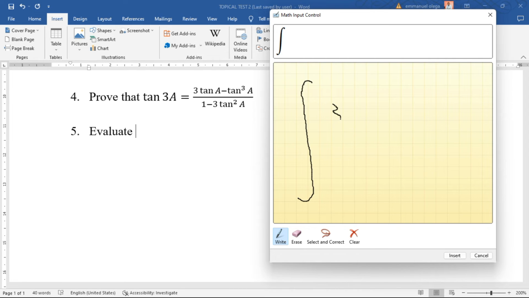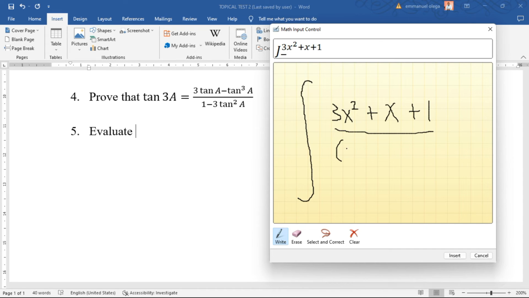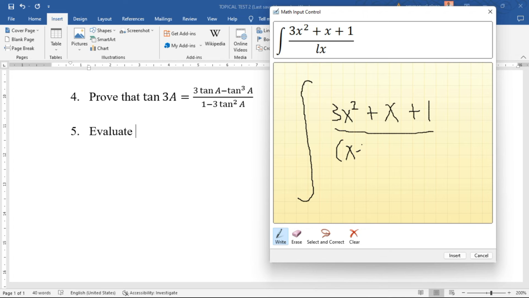Okay, then we're going to have the value is 3x squared plus x plus 1 over x minus 2 into x plus 1, close that bracket, cubed.